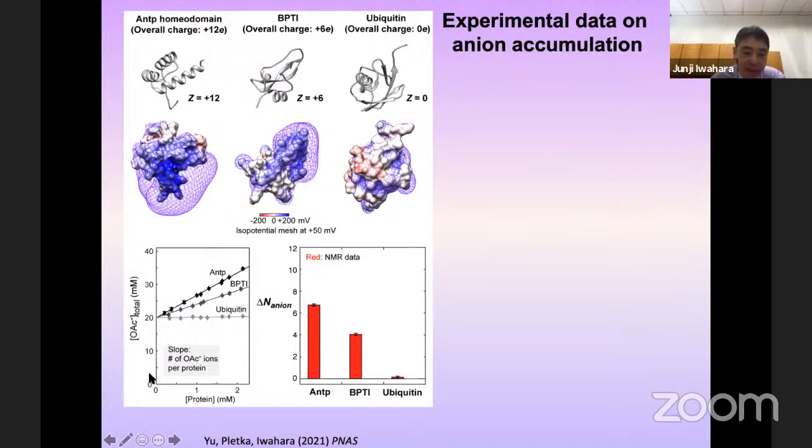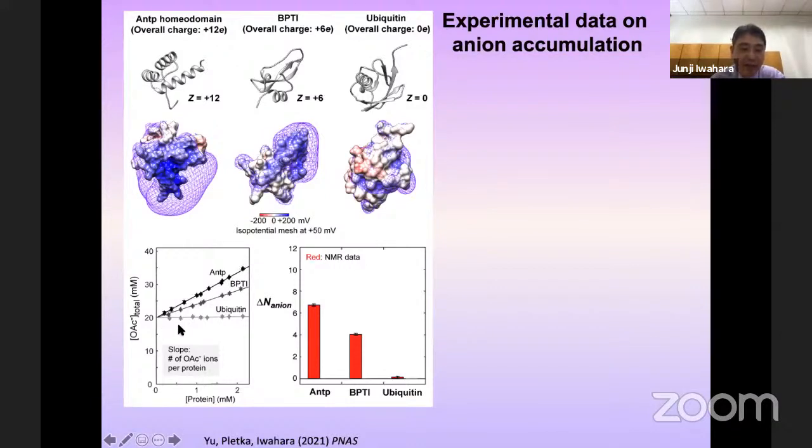Yeah, this is the concentrations of acetate measured in this way at different concentrations of Antennapedia, BPTI, and ubiquitin. BPTI is also a small protein, but with a positive 6 charge. For those proteins, the concentration dependence here can give us the number of acetate ions per protein.